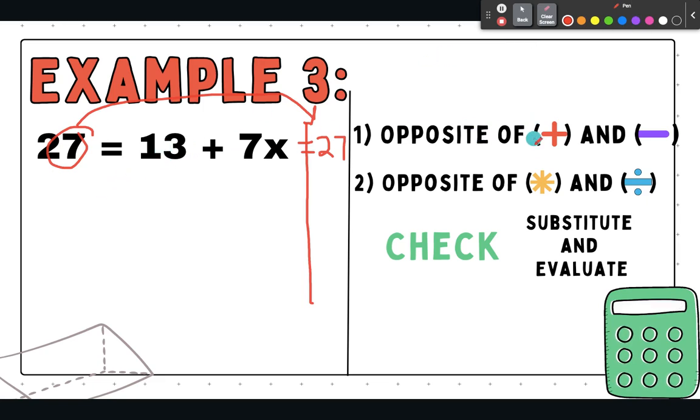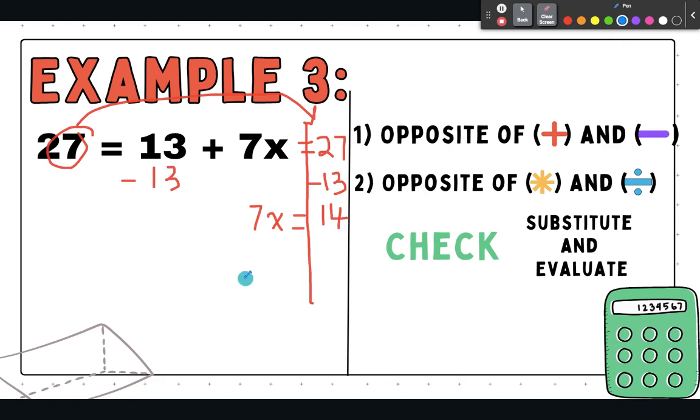The opposite of addition and subtraction. The opposite of a positive 13 is in fact a negative 13. So I'm going to subtract 13 from both sides. I have 7 times x is equal to 14. 7 times something is 14.